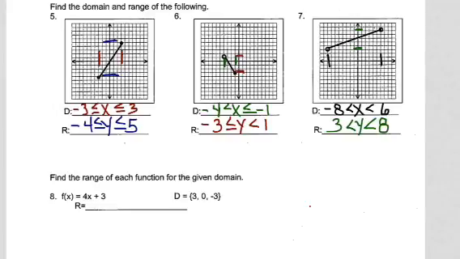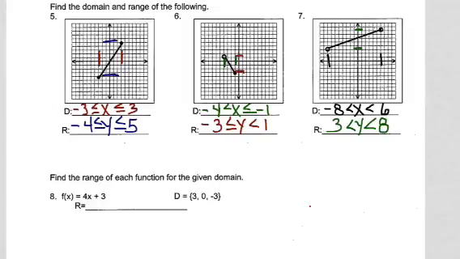Let's look now at number 8. It says to find the range of each function for the given domain. If you notice your domain, that indicates the x values.